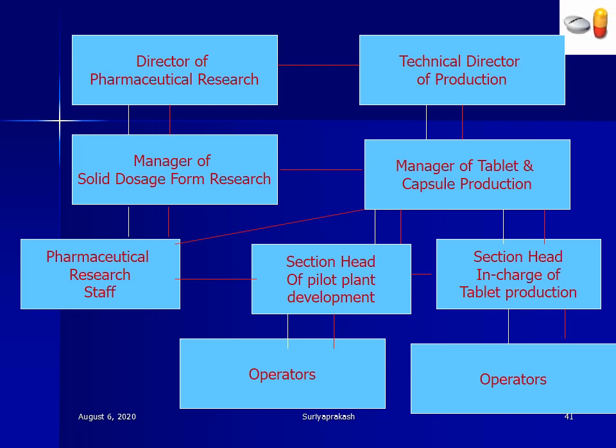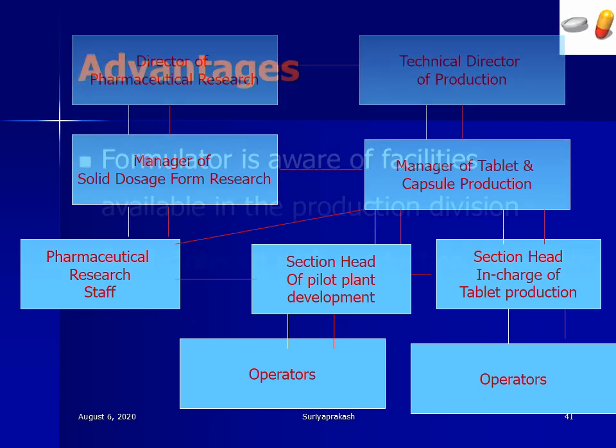Now on the right side, production director, manager of production, and they have another division, the section head of pilot plant and development. This person and the operators are going to perform this work. Okay, now what are the advantages and disadvantages?